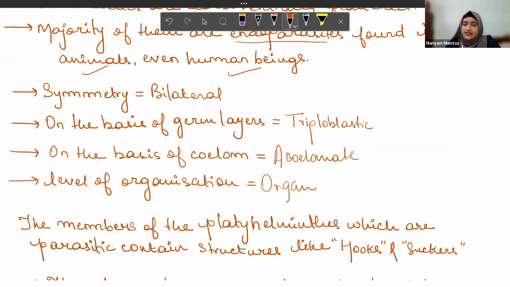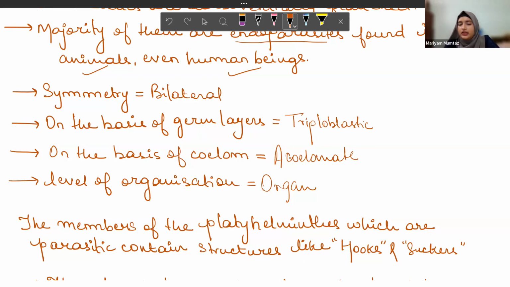Okay, now, since they now understand this thing about endoparasites. See, endoparasites have a very basic and very simple body organization of their own. Now why is that? Because they have to compromise some parts of their own body so that they can become a parasite.